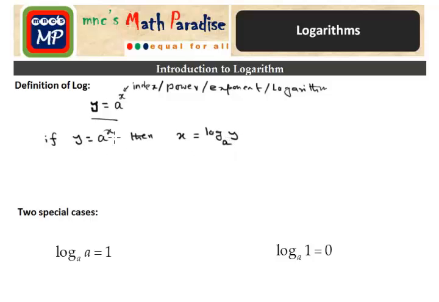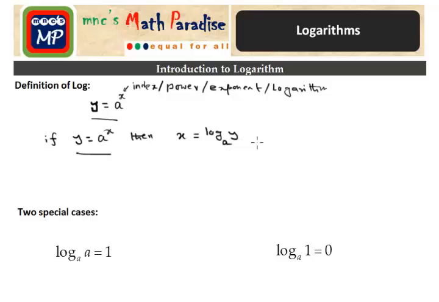That means this exponential form equation can be written as x, that is the exponent or logarithm, that is the power, equals log of base. Here the exponent base is a, so the log's base will be a and the value y.